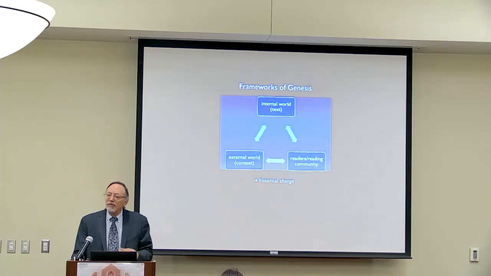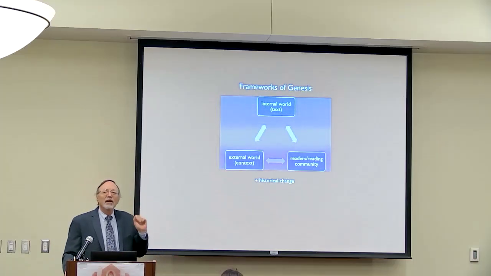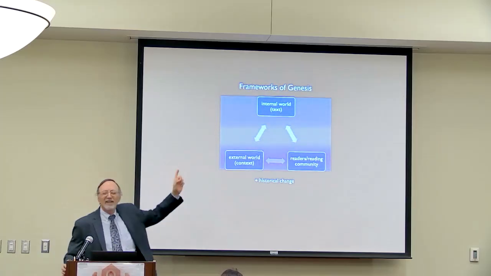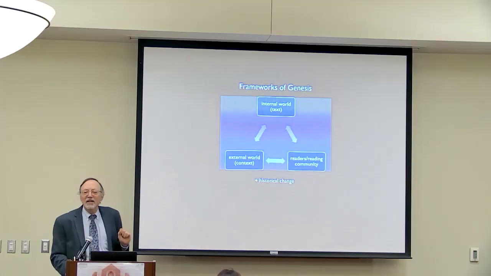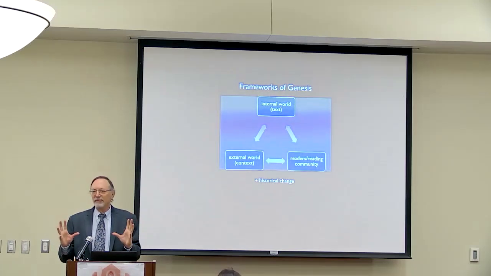But some of these are more salient, more obvious, or more unknowable when you're reading an ancient book. So I made a little slide of frameworks of reference that are activated when you read Genesis. First of all, at the top, and I don't want to say first or second, is the frame of reference, the organizational structure within the text itself.